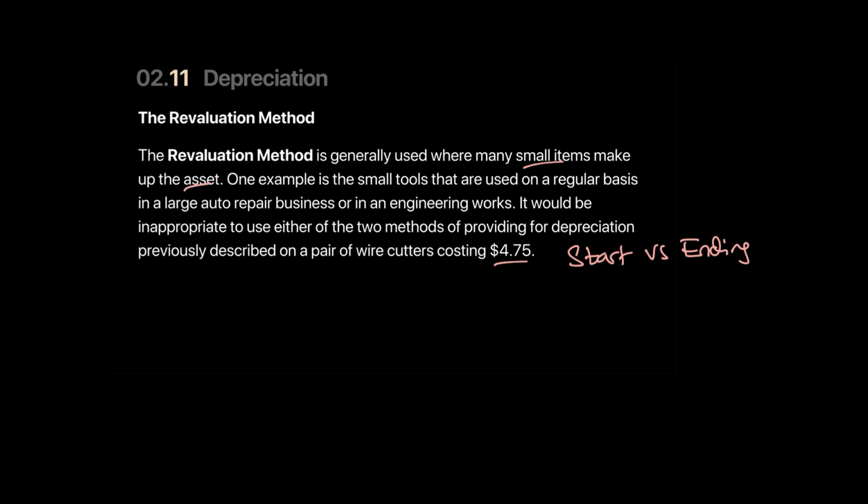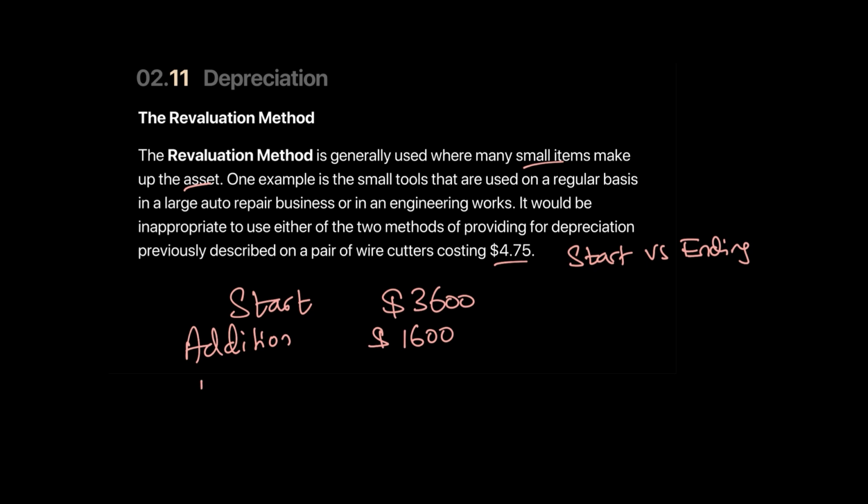So let's say at the start of the year we had some loose tools. Their starting value was $3,600. Now let's say during the year we bought some new loose tools. I can say there were some additions worth $1,600. And at the end of the year, let's say our ending value is $4,000.